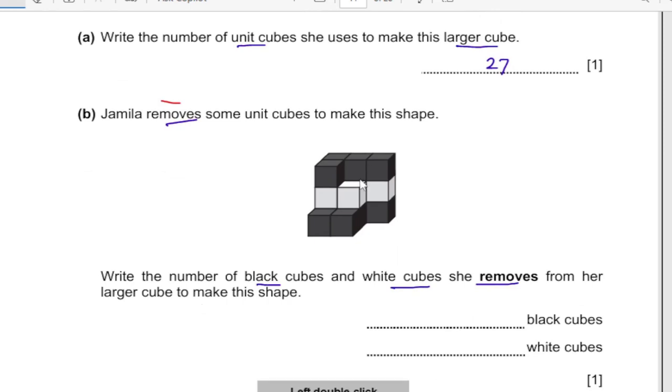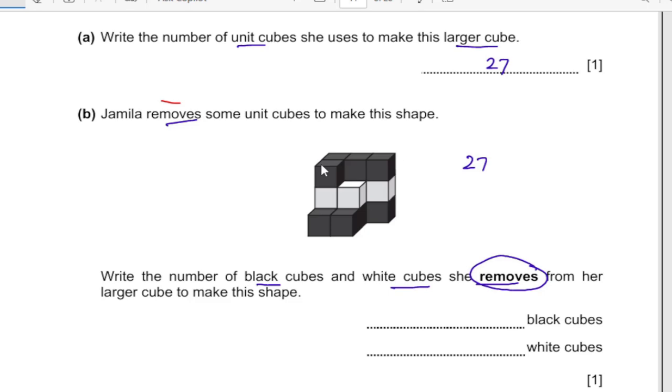Now remember, this removed part is highlighted and bolded, right? So that means we are counting the ones which have been removed, not the ones which are visible here. So the total number of cubes we had here was 27, and the remaining are going to be the removed. So what is left here?